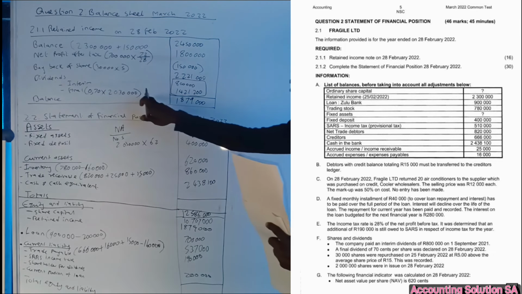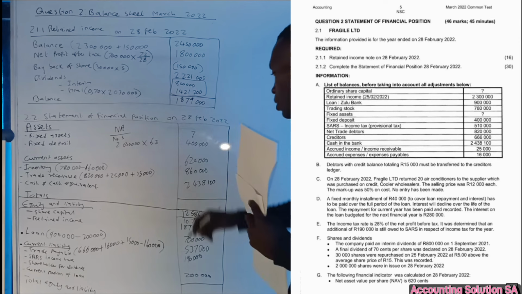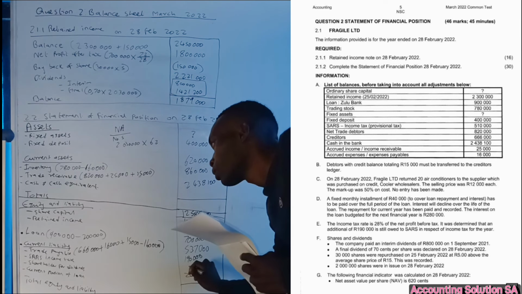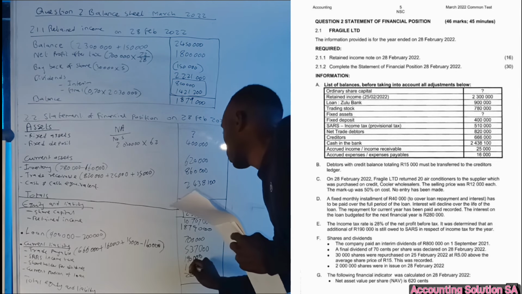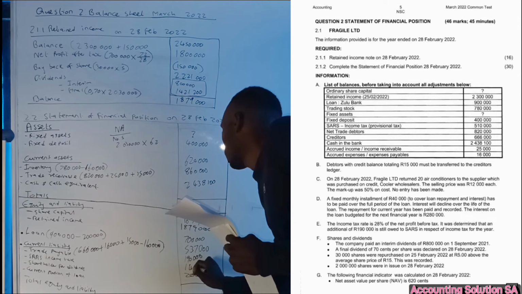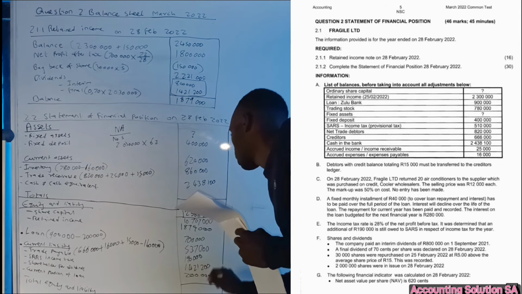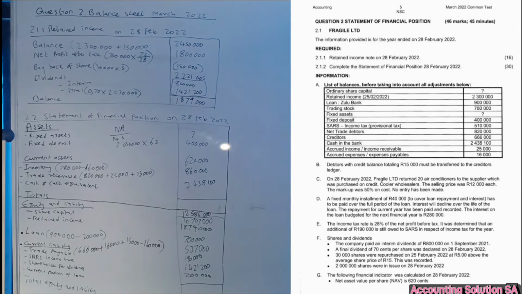We calculated it here. Shareholder for dividends is 1,421,200. Okay, so I think we are done with that part.